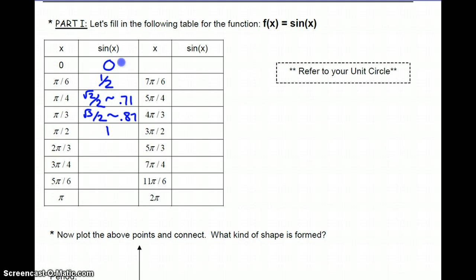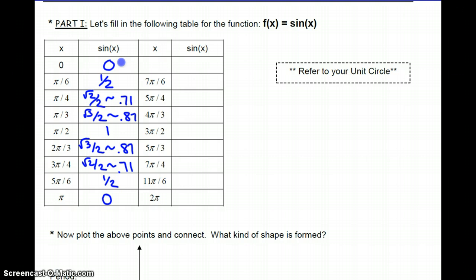The sine of 2 pi over 3 is root 3 over 2, which again is about 0.87. The sine of 3 pi over 4 is root 2 over 2. It's approximately 0.71. The sine of 5 pi over 6 is 1/2. And the sine of pi is just 0.